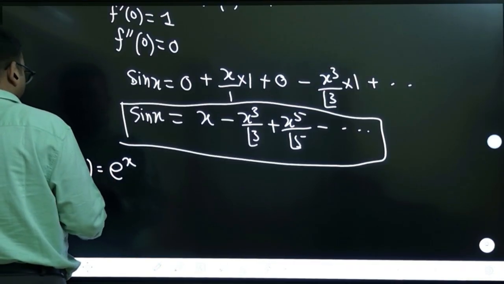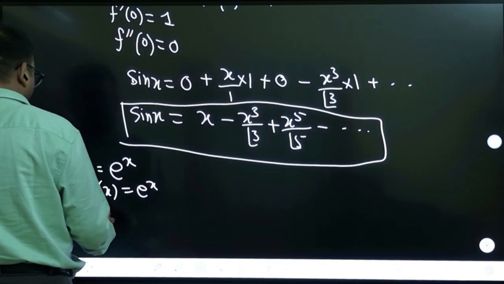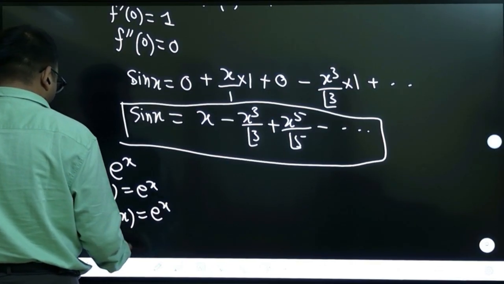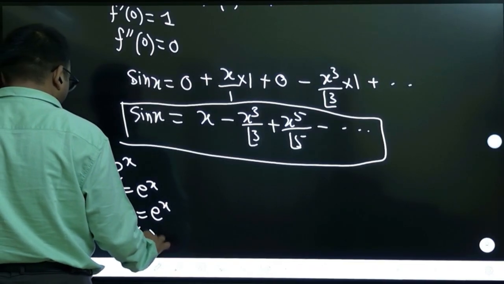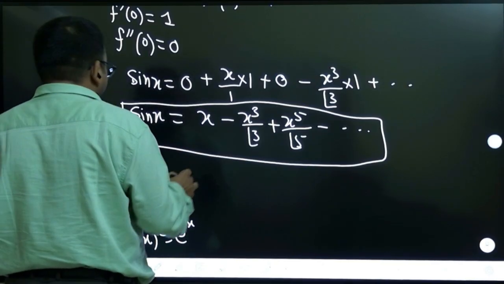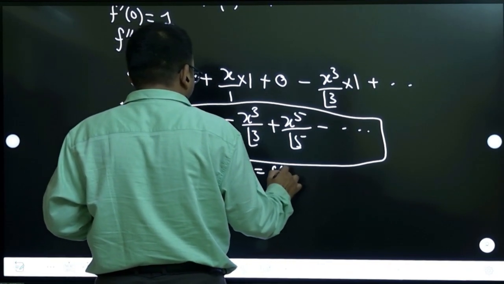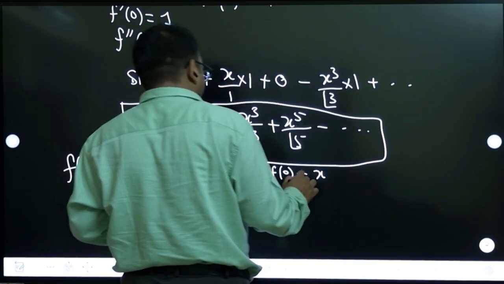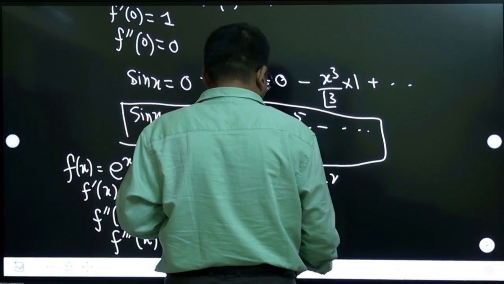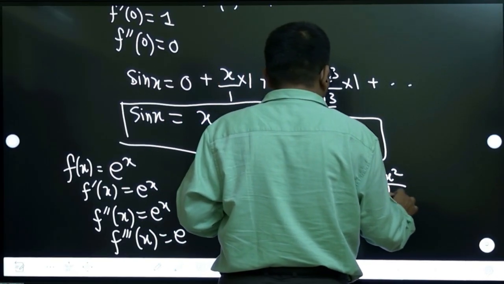Okay, so let us differentiate first. f'(x) is e power x only. f''(x) is also e power x. f'''(x) also is e power x only. Right. So let us try to apply this f(x) formula: f(0) plus x by factorial 1 f'(0), plus x squared by factorial 2.